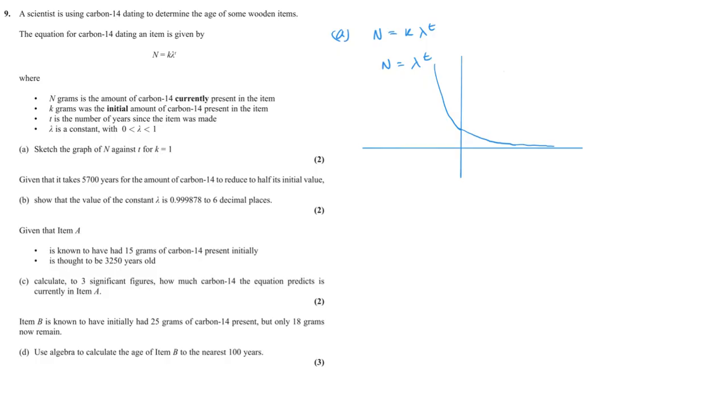is my graph. That's 0. That's going to cross at 1 when t is 0. This is n. This is t.